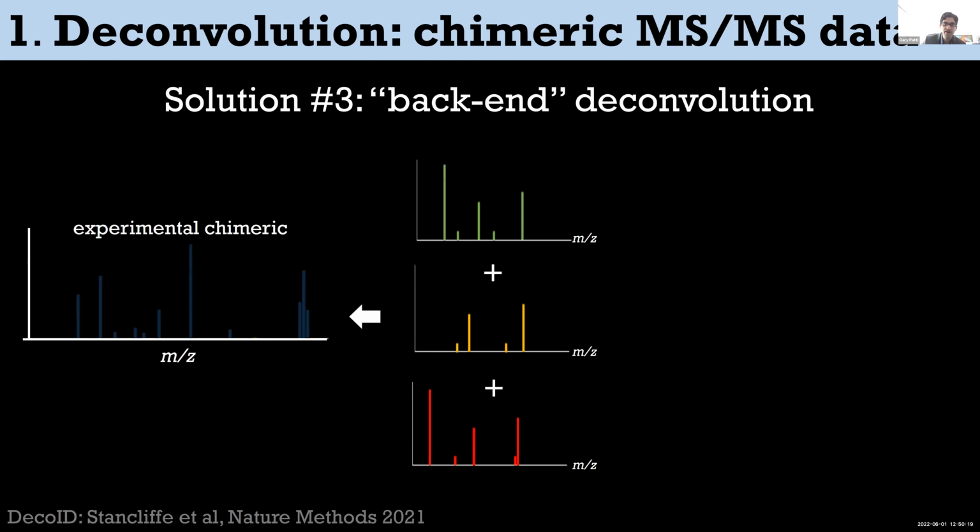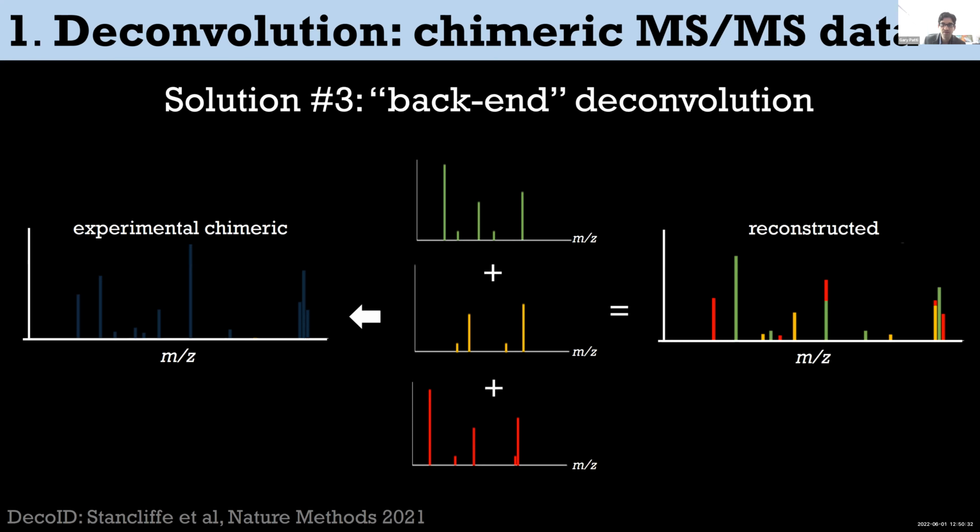We use different linear combinations of MSMS data from the MSMS library and see if we can recapitulate the experimental data that we've observed. When you can do that, you can get a sense for which precursors are contributing to the data. To do this efficiently, we don't search every single MSMS spectrum in the library, but rather focus on the spectra that are most likely to be possible contributors based on the precursor m/z value.